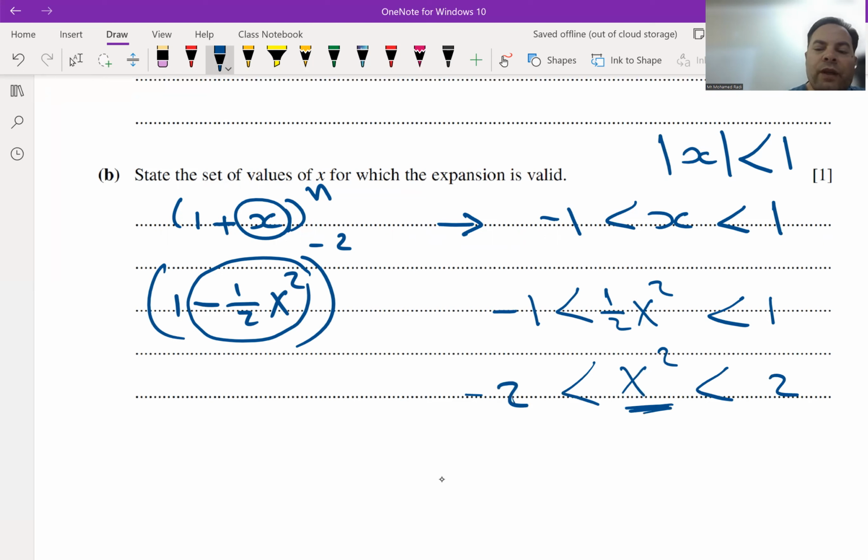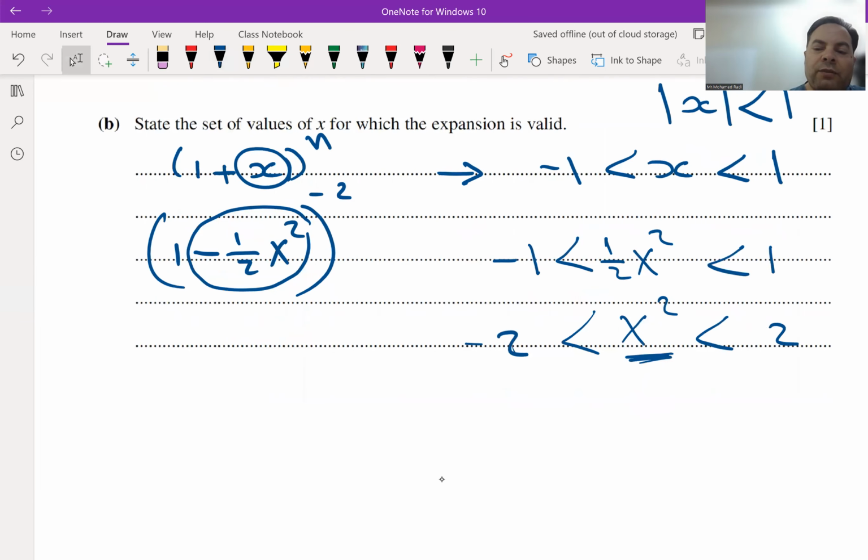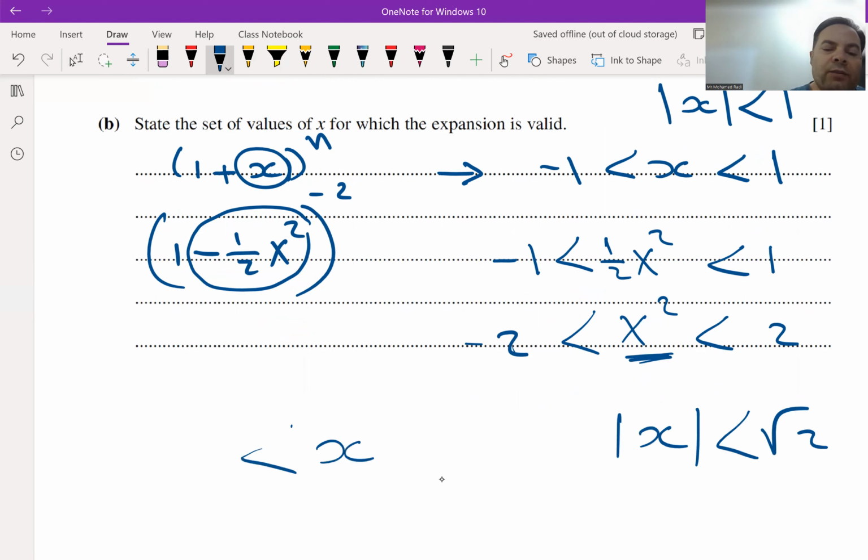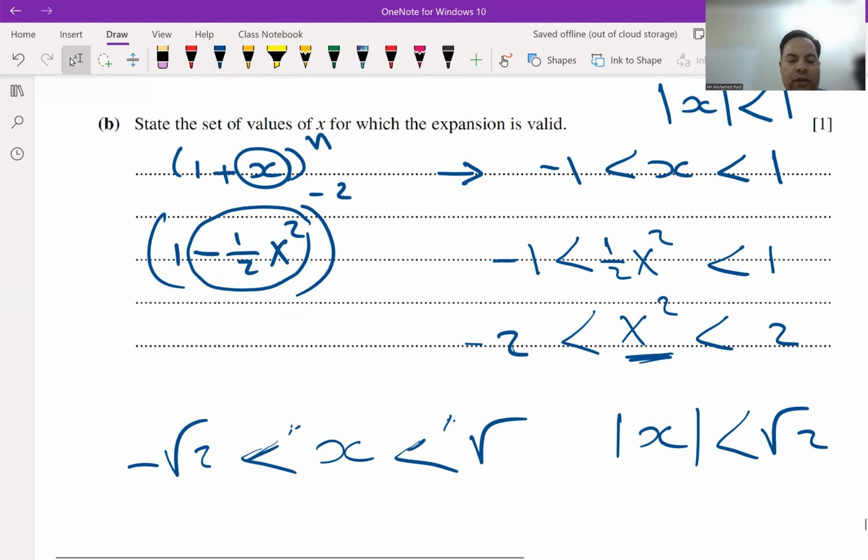But x squared is positive all the time, so you can write the modulus of x is less than root 2. Or we can write x is more than negative root 2 and less than positive root 2. So this is the range of x where the expansion is valid.